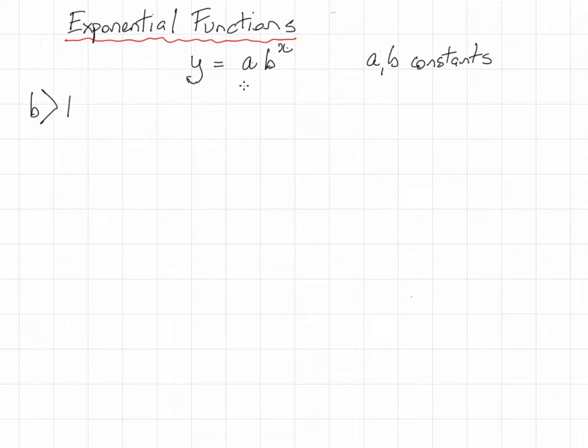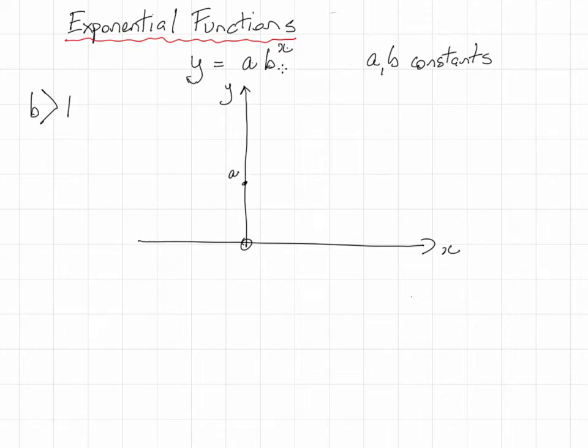If b is greater than 1, we can draw our x and our y axes, and a crucial point is where it cuts the y-axis, which is when x is equal to 0. If we put x equals 0, any base raised to the power of 0 is 1, so it'll just go through the point a.